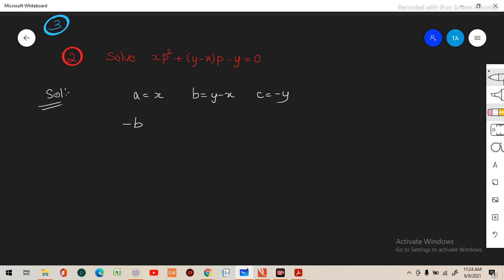Use now minus b plus or minus square root of b squared minus 4ac, divided by 2a. We are solving for p. Just calculate and tell me what two values we will get. Are you guys calculating? Yes, sir.